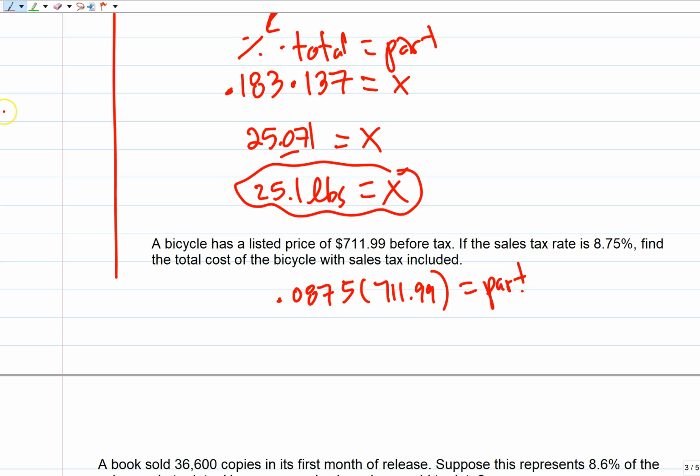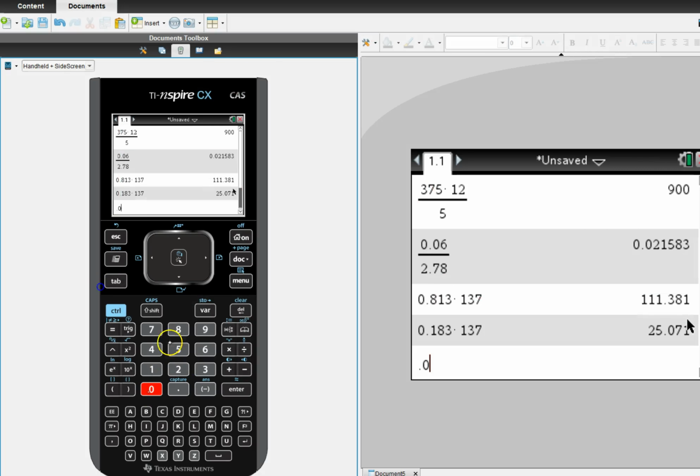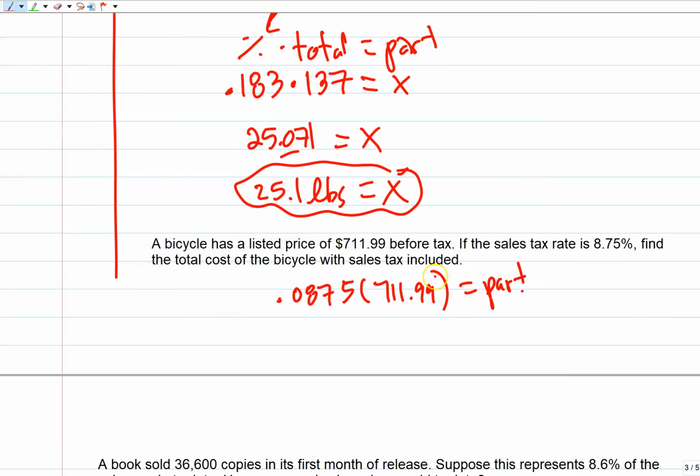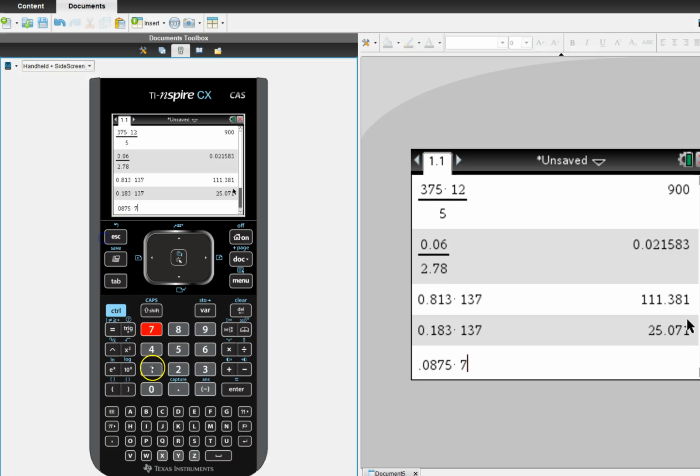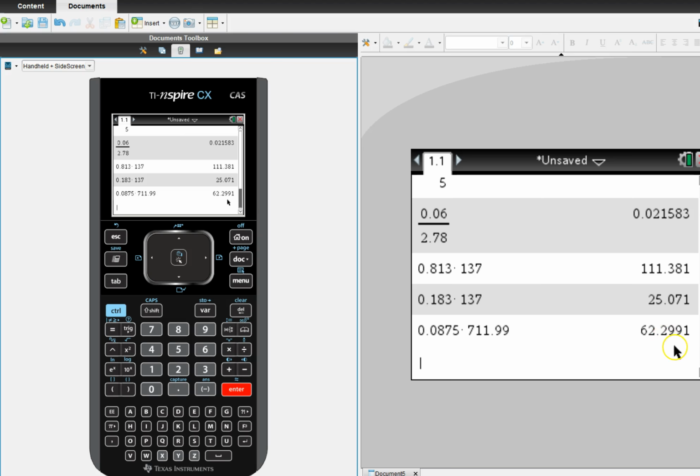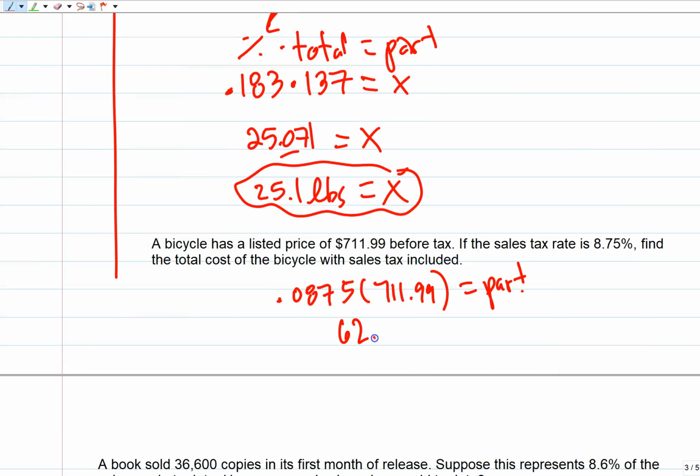0.0875 times $711.99 is 62.2991. There's no way they're charging me 0.2991 cents.